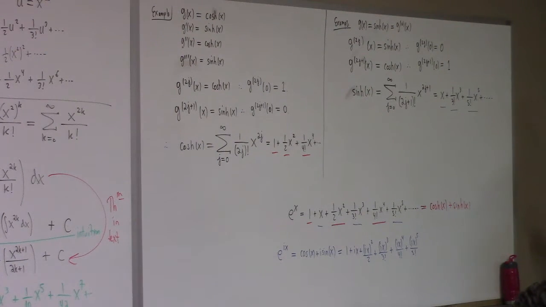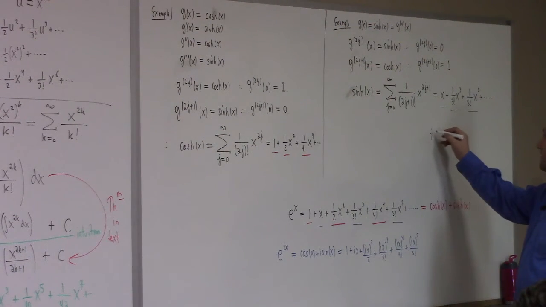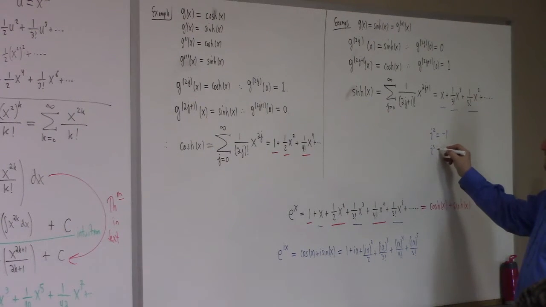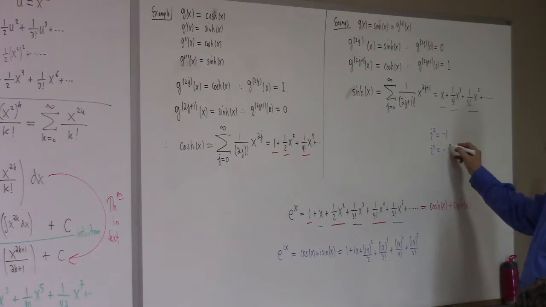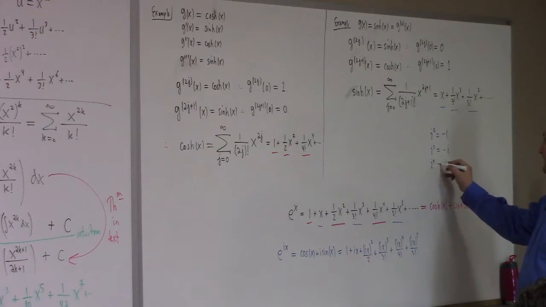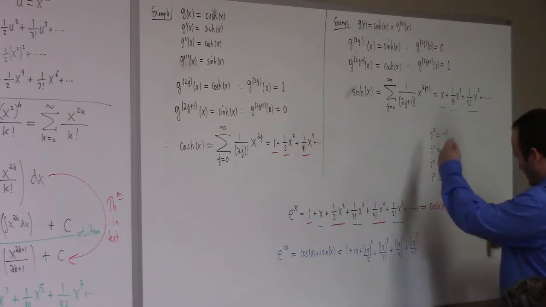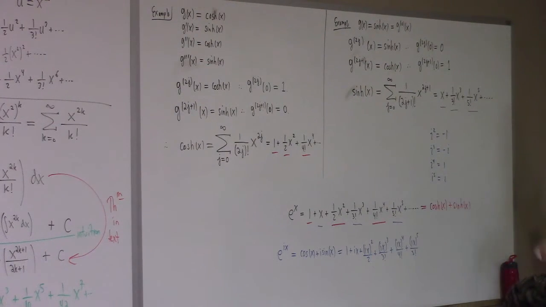What happens when you take powers of i? What's i squared? Minus 1. What's i cubed? It's the other way around, negative i. What's i to the 4th? It's 1. i to the 5th is i again. It cycles every 4.